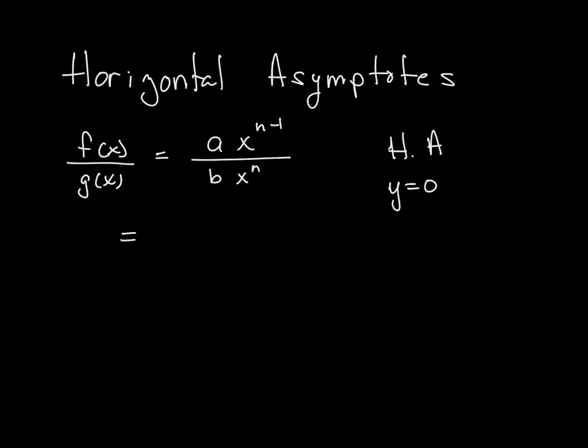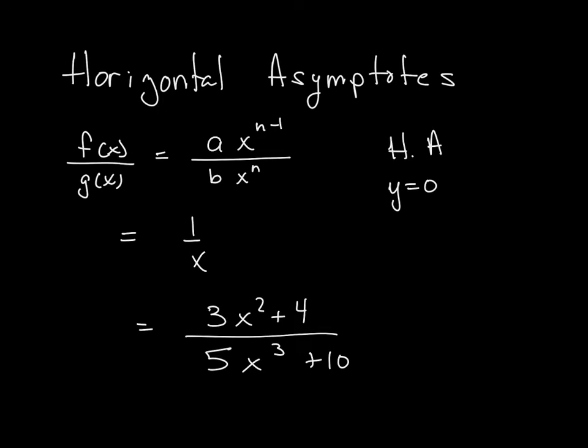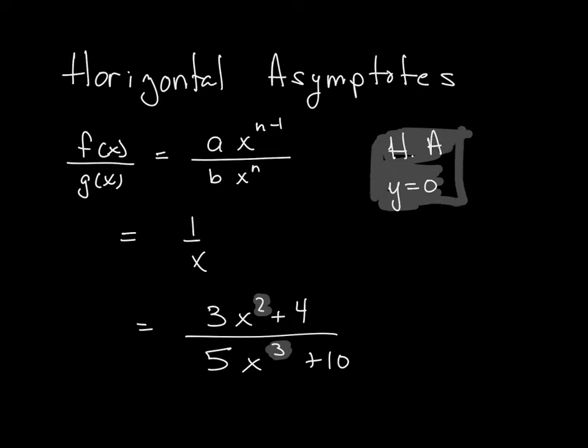Examples of this would be like 1 over x, 3x squared plus 4 over 5x to the third plus 10. What matters is that the degree of the numerator is smaller than the degree of the denominator. Whenever that happens, your horizontal asymptote is always y is equal to 0.